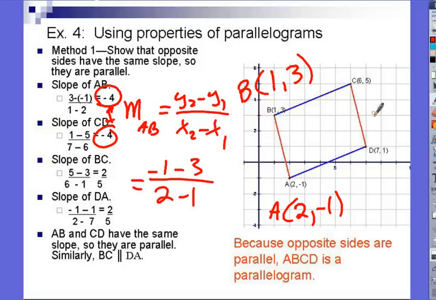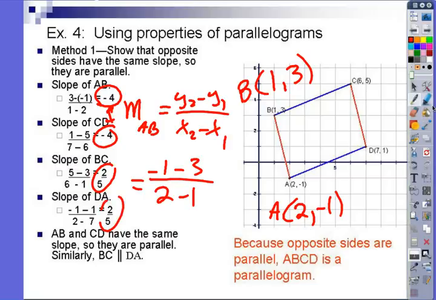They did -1 minus 1 is -2 over 2 minus 7 is -5. Negative over negative is positive. Either way, it's going to work. 2/5 and 2/5. To me, slope's a lot easier to work with than distance formula. If I'm proving a parallelogram, I'm going to use slope. But either way, I could also do it with distance formula.